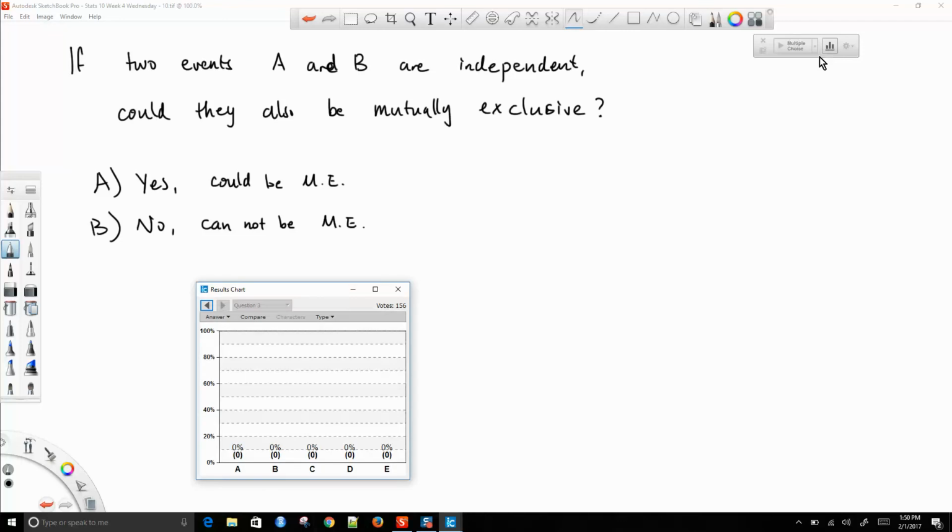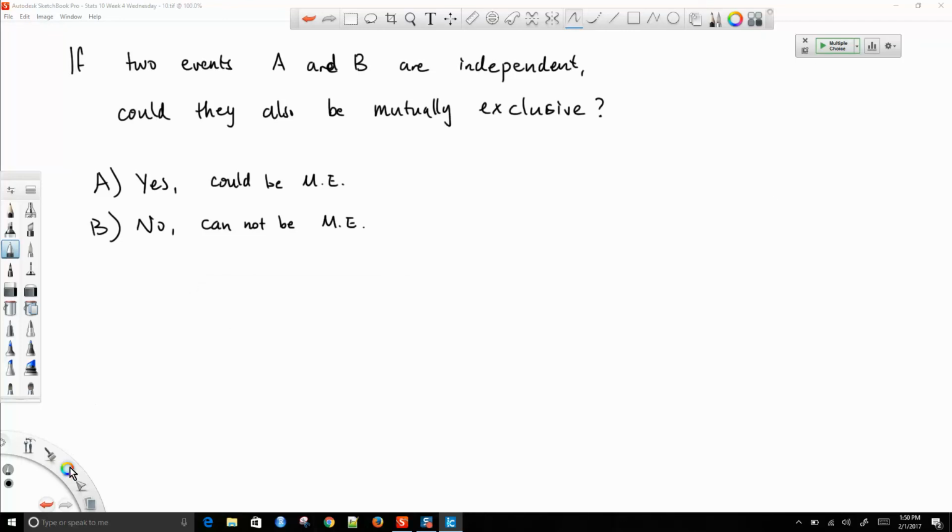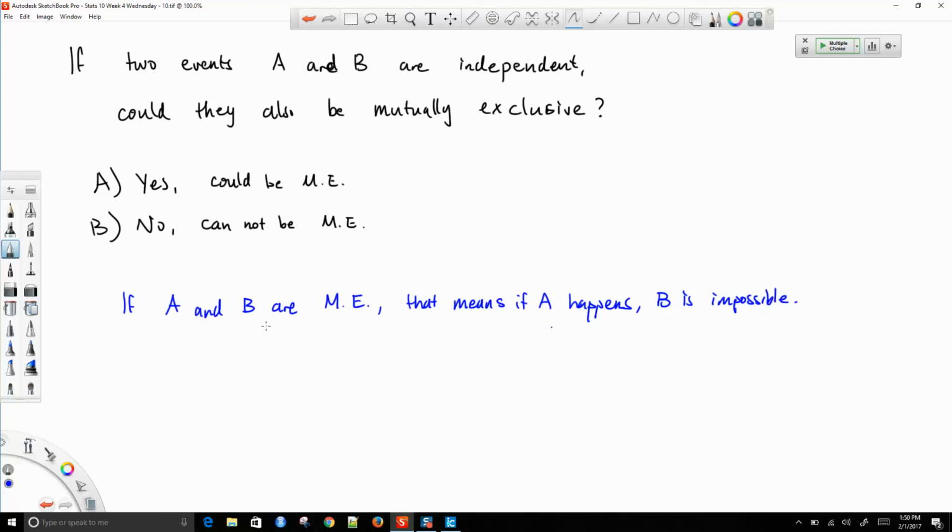Okay. The answer, it's pretty divided. The answer is B, and let me explain. If A and B are mutually exclusive, that means if A happens, B is impossible. Right? Mutually exclusive means if A happens, B is impossible. And vice versa. If B happens, A is impossible. Okay?